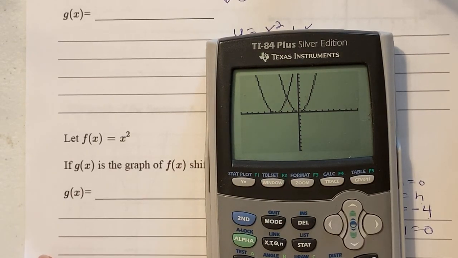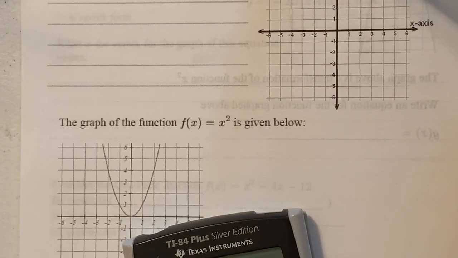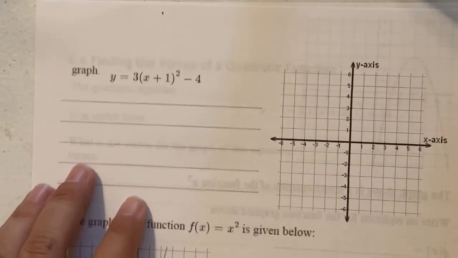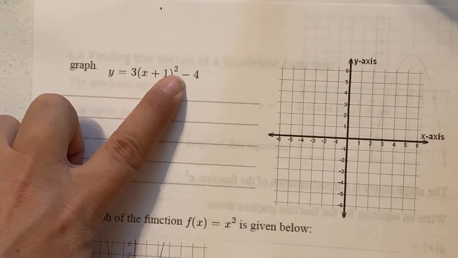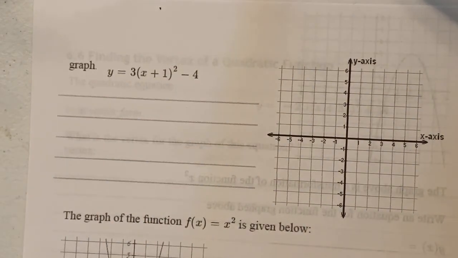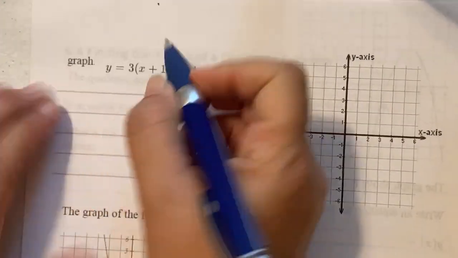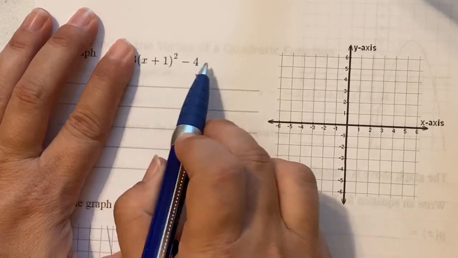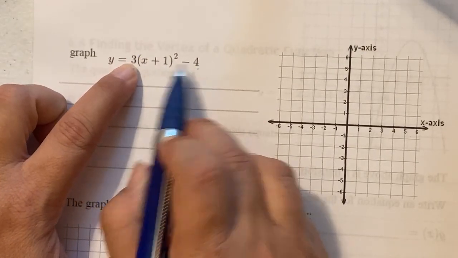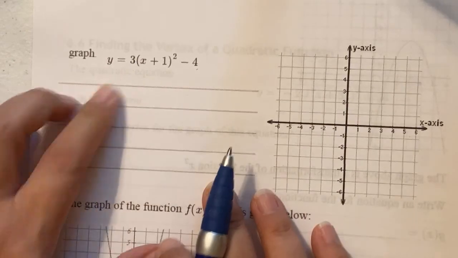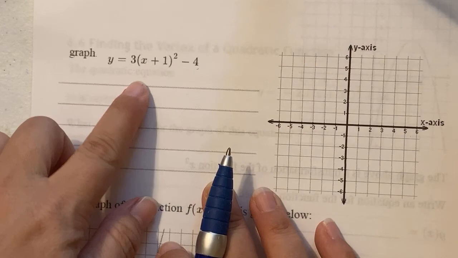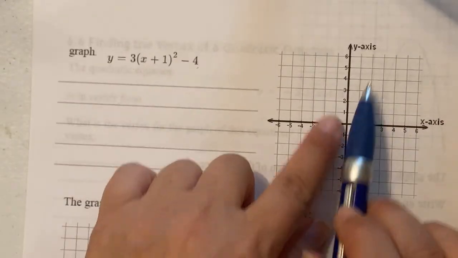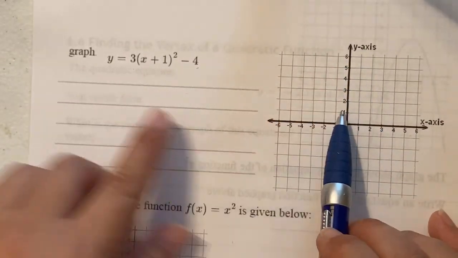On the next example, they want us to graph y equals 3 parentheses x plus 1 squared minus 4. This is vertex form, where they gave us a value of 3 in front, which makes it a narrow graph because it's a whole number, which means the graph is going to be very close to the y-axis.